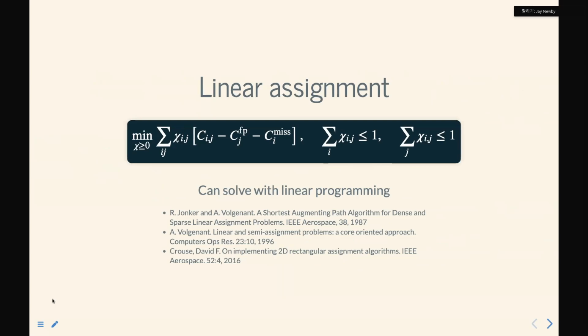But we're able to use a real valued optimization problem, and we know that our optimal solution will be integer valued. It'll be either 0 or 1. That's because this problem has special structure. It's totally unimodular, I guess is what they call it. So that's nice. We don't have to do what's called integer programming, which is a little more complicated.